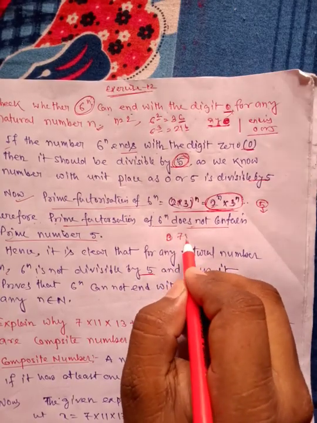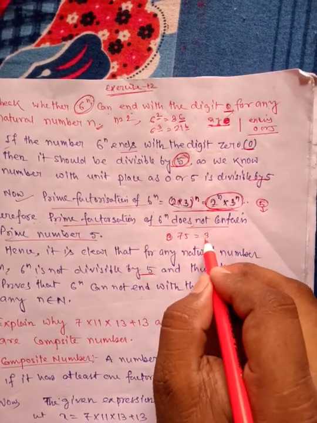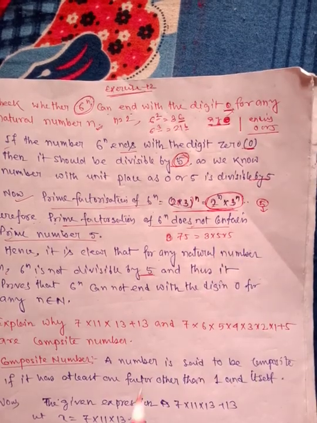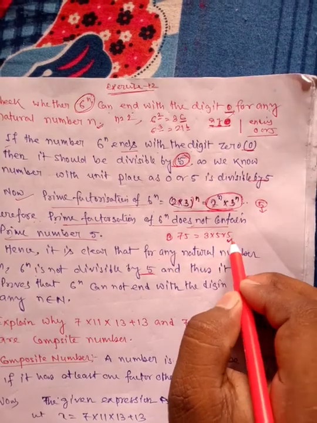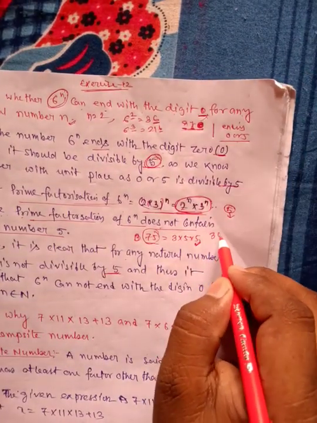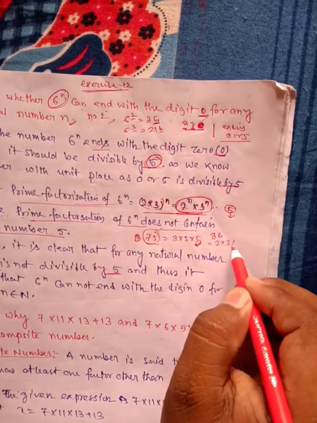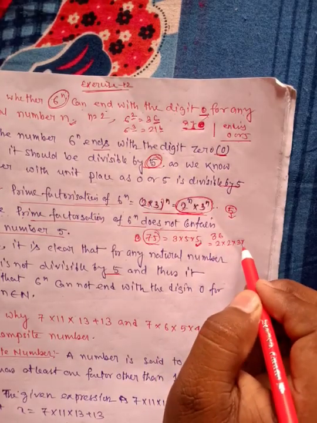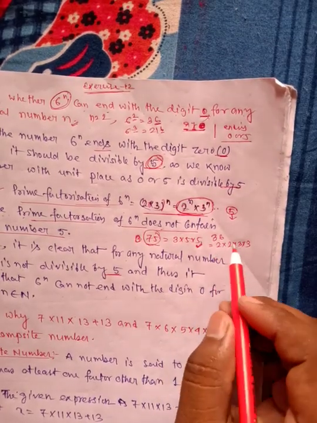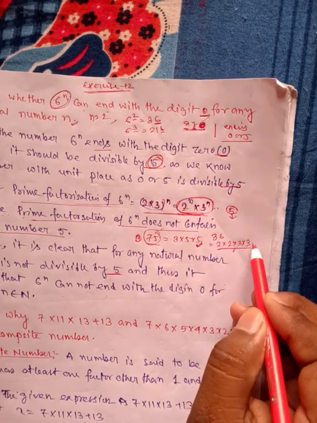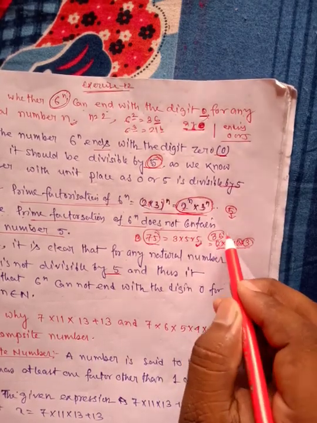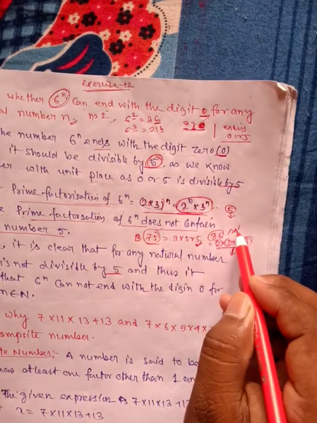Take 75. Its factorization is 3 into 5 into 5. So 5 is a factor here, and it is divisible by 5. But take 36, that is 2 into 3 into 3. There is no 5 as a prime factor, so this number is not divisible by 5.